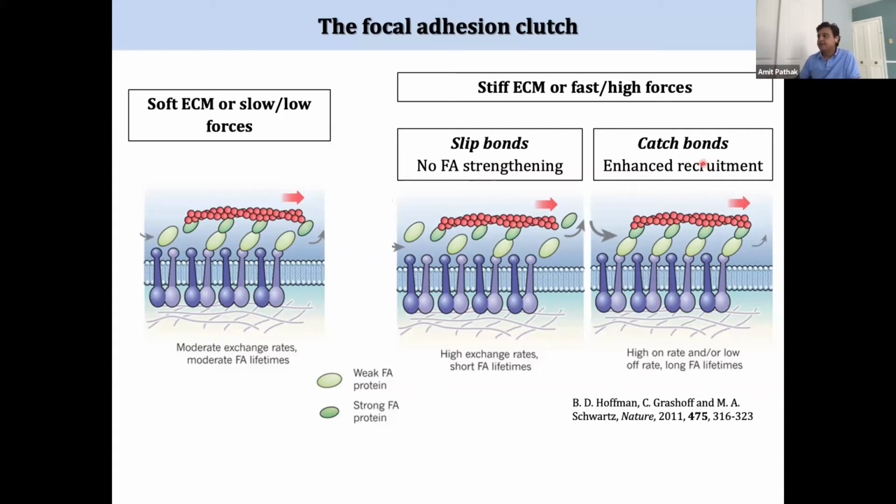On the right-hand side, on the catch bonds, because of the stiff ECM or high force, now the focal adhesions have a higher chance to stabilize. More focal adhesion clustering will happen, and those same focal adhesions will last longer. So that's how slip bonds and catch bonds operate across different stiffnesses, and that gives you a mechanism as to how a cell might sense a soft or a stiff ECM.